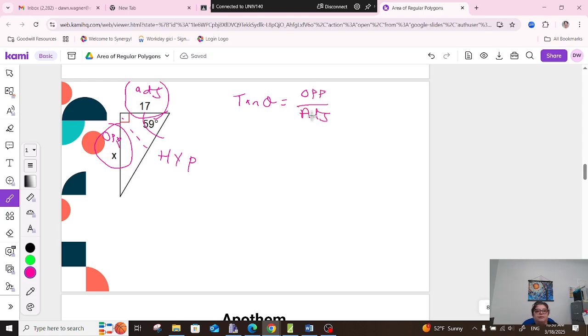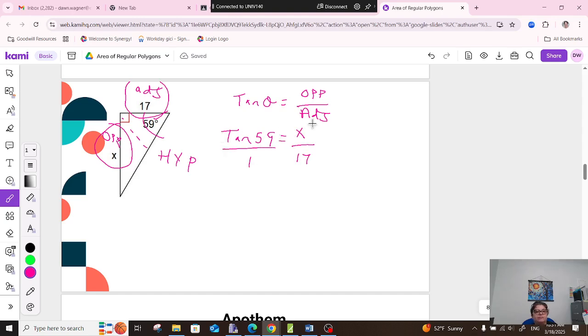I saw a lot of people having this mixed up. They put the x in the bottom, and in this case, it's up on top because opposite is x, adjacent is 17. So it should be tangent. Remember, the degree always goes with the trig function. Tangent 59 has to equal x over 17.